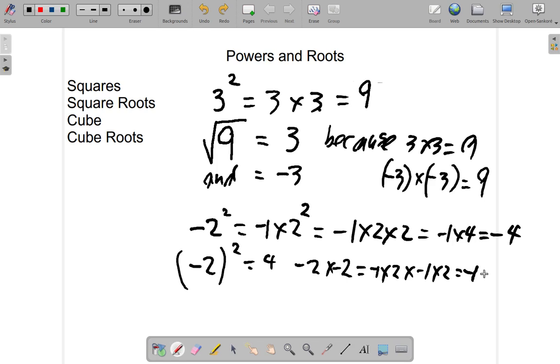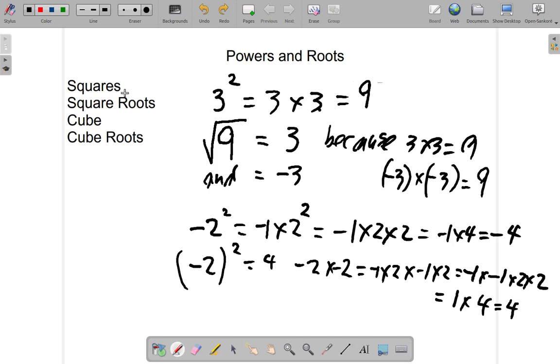So it's negative 1 by negative 1 by 2 by 2. That's what would happen in the calculator. Negative 1 by negative 1 is positive 1 times 2 2's 4, 1 by 4 is 4. So you have to be careful about using the calculator and squaring a negative number.